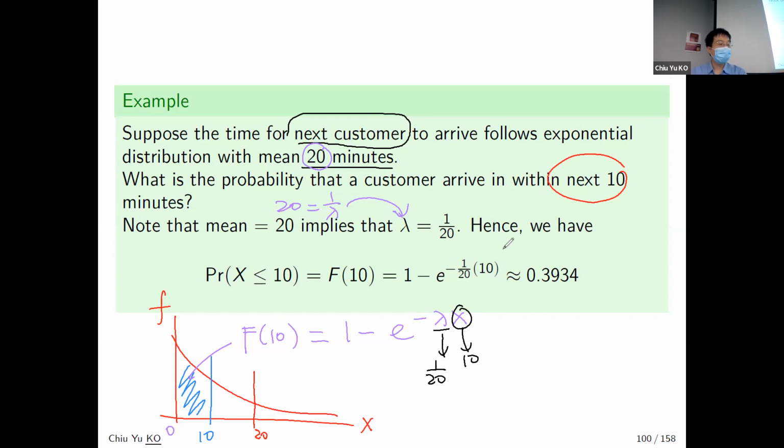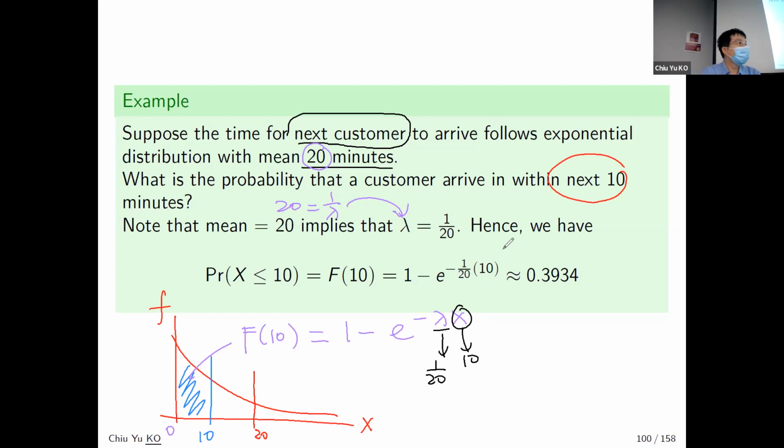Because you expect 20 minutes on average for someone to come in, but actually 40% of people come much earlier, halfway through, if you believe in the exponential.